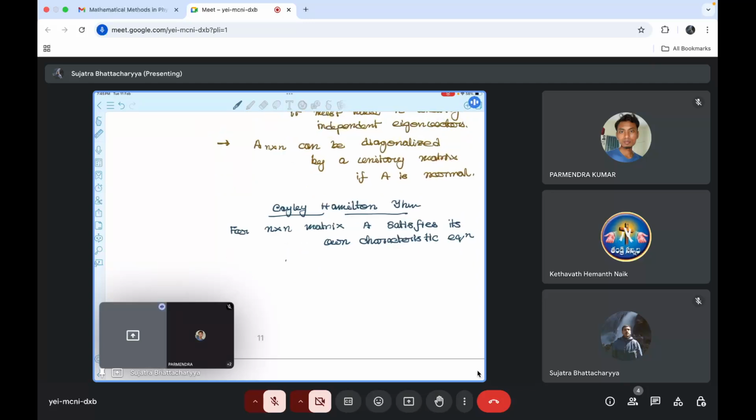So what does that mean? Suppose you have lambda 1, lambda 2, and so on up to lambda n, then A minus lambda 1 I, A minus lambda 2 I, and so on up to A minus lambda n I should be equal to zero. So this is the theorem, just as I have noted.